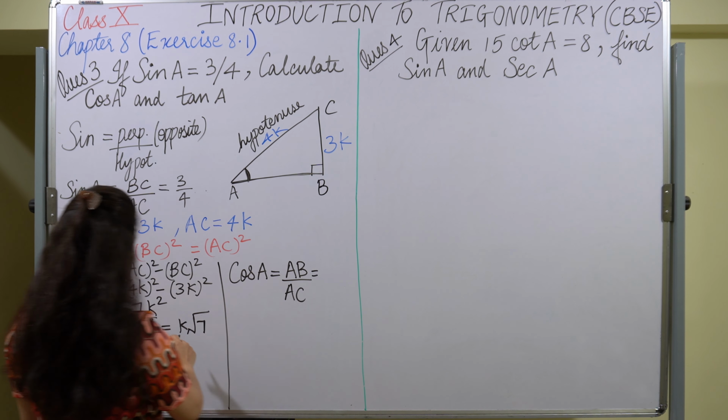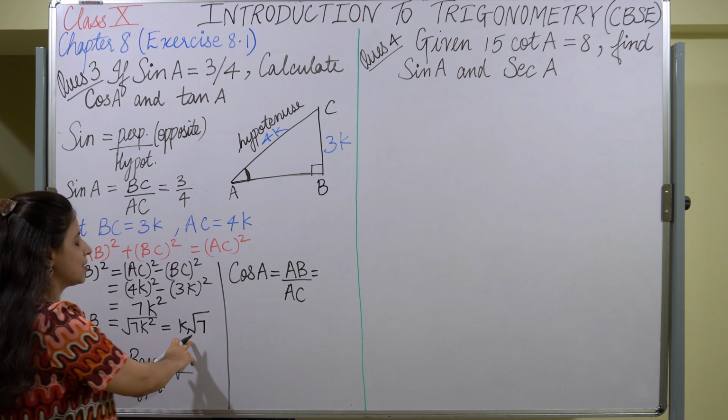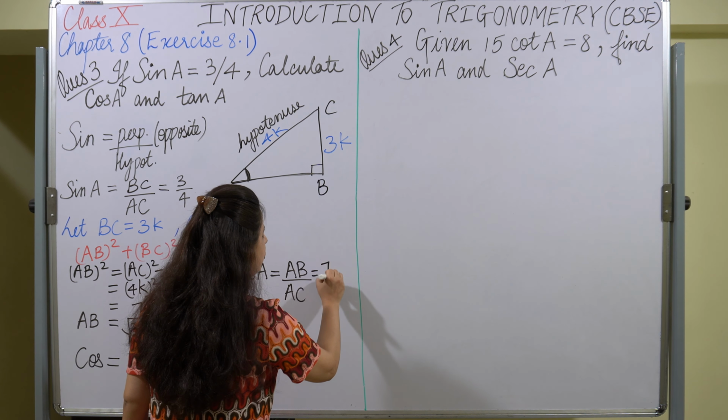The AB value we have already found out: it is root 7 K. Upon AC, and AC is 4K. So K gets cancelled, and we are left with under root 7 upon 4 as our answer.